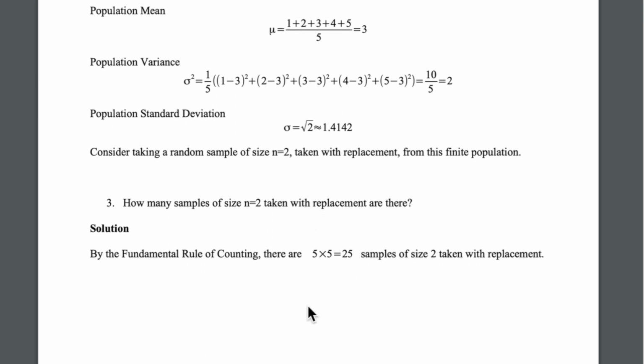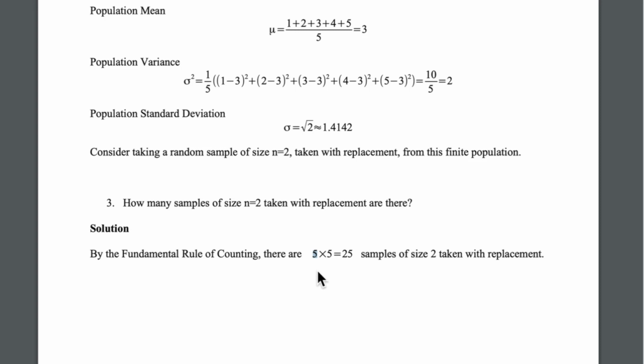And it's very simple. By the fundamental rule of counting, there are 5 times 5, or 25 samples of size 2 taken with replacement. For the first observation in the sample, there are 5 possible values, 1 through 5.